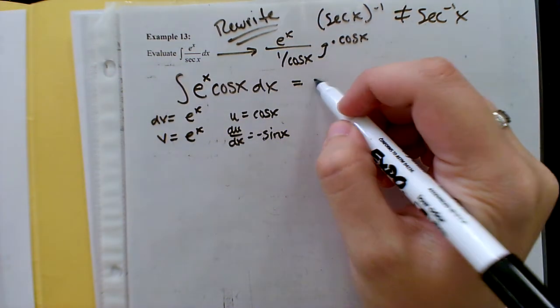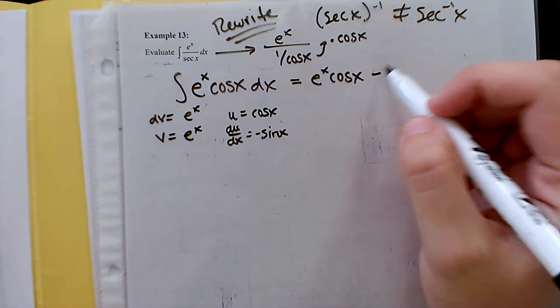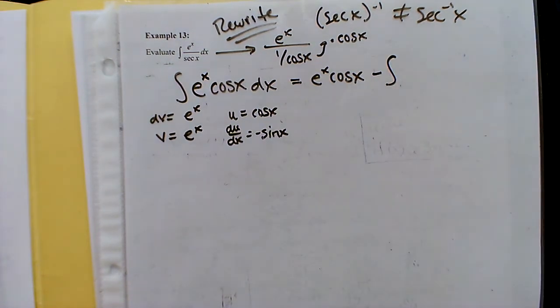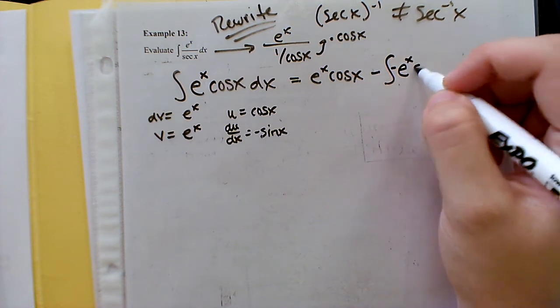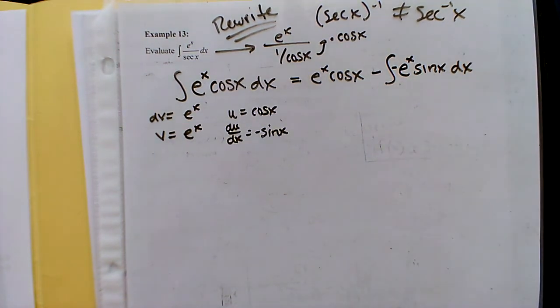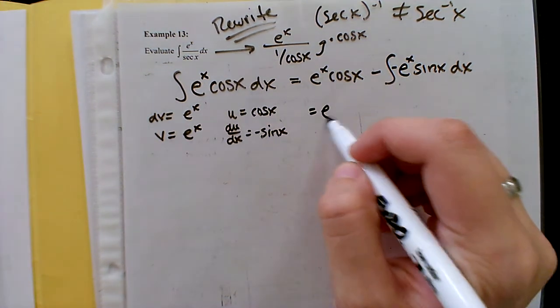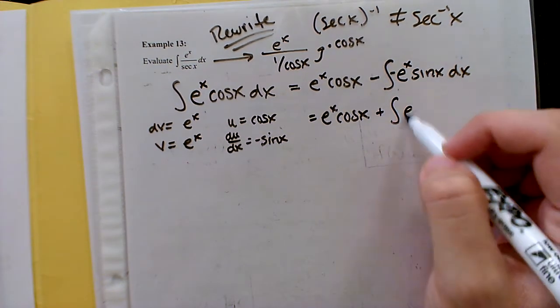We need u times v, any order is fine, minus the integral of v du. We have a double negative showing up, so if you pull the negative out of the integral, it changes to a plus.